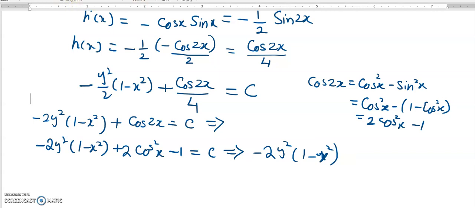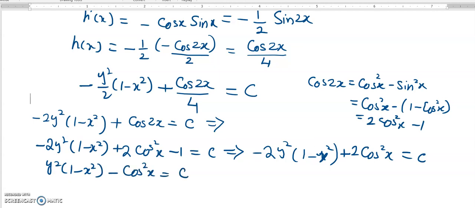Then we can divide each of these terms by minus 2, so it will be y square into 1 minus x square minus cosine square x is equal to a constant. So c divided by minus 2 is another constant. So this is the final form of the solution.